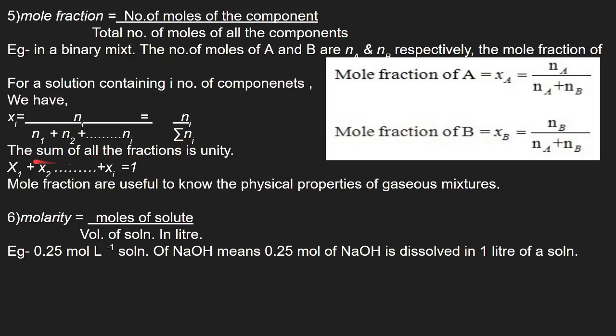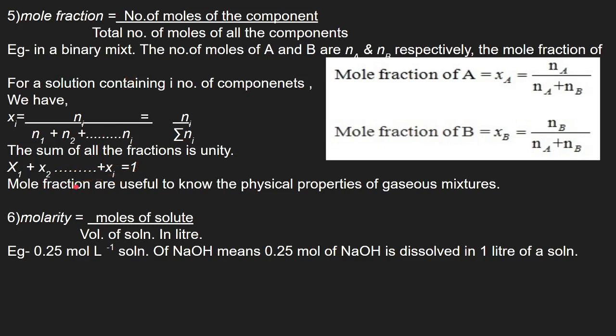Whatever be the problem or whatever be the numbers, the answer you will get will be unity: x1 plus x2 gives you unity. You just try solving problems of this type of formula, and then you will realize that at the end, when you find the answer, it always turns out to be 1, or approximately 1.